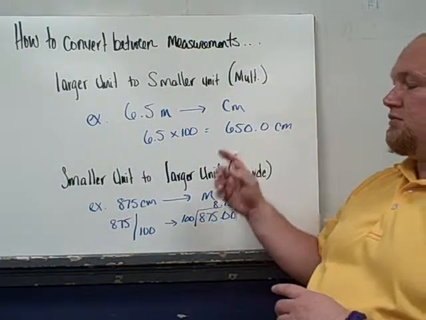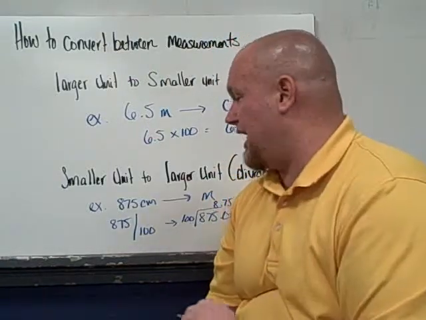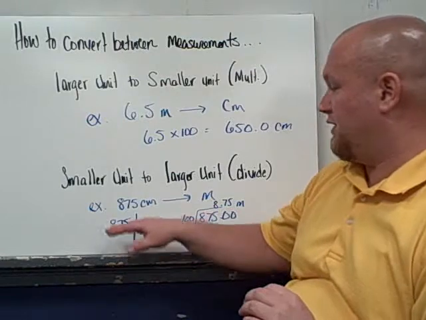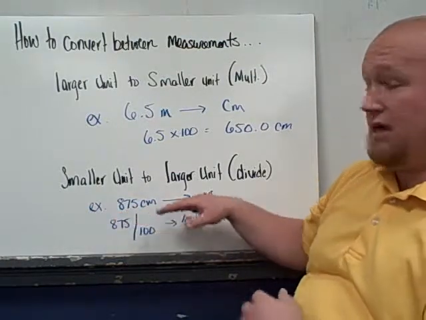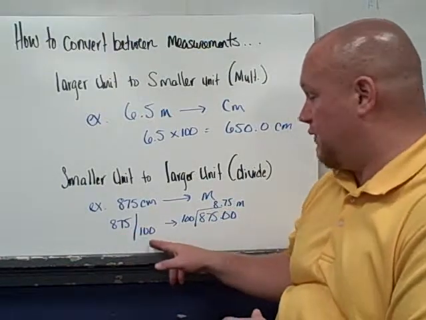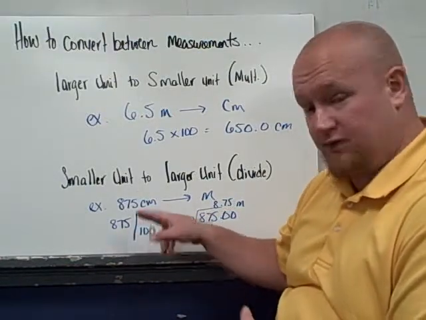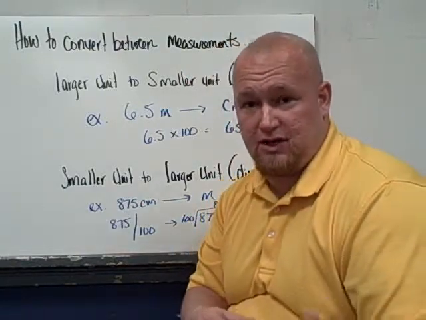Now, if I'm moving from a smaller unit to a larger unit, I need to divide. For example, if I have 875 centimeters and I want to know how many meters that is, I take 875 over 100. You'll notice this fraction bar also serves as a division sign.